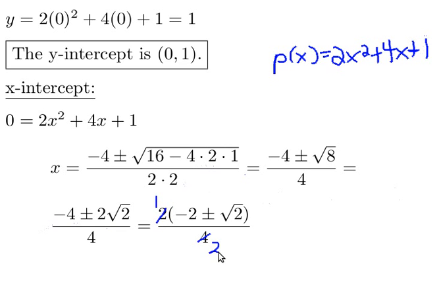Cancel this 4, you'll get 2 left. So this is equal to negative 2 plus or minus square root of 2 all over 2. Let's go ahead and get rid of that stuff. So negative 2 plus or minus square root of 2 all over 2.